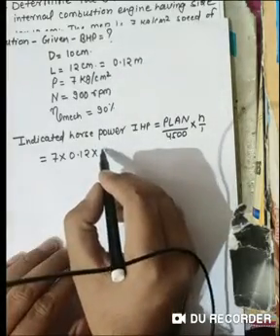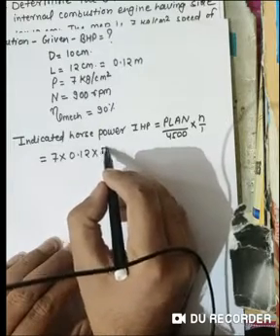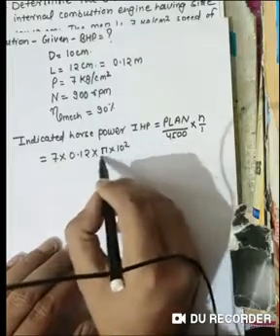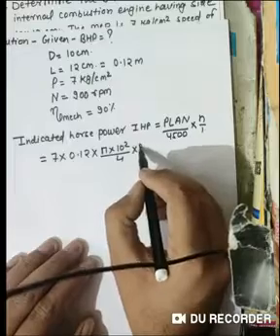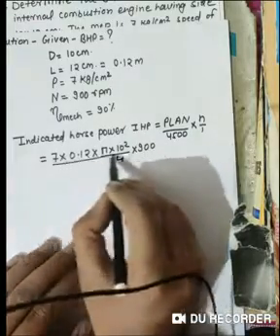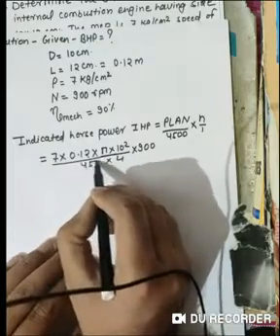So the value of pi d square, d square means 10 to the square by 4, and the value of n is 900 divided by 4500.